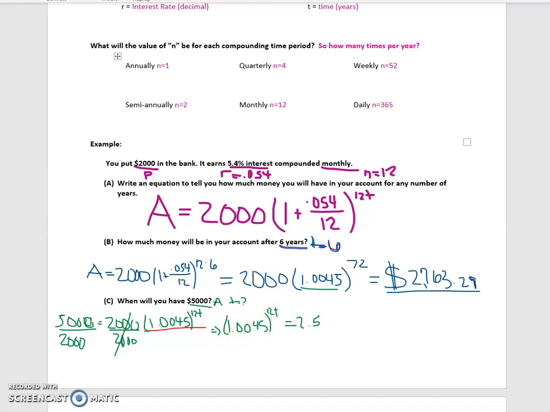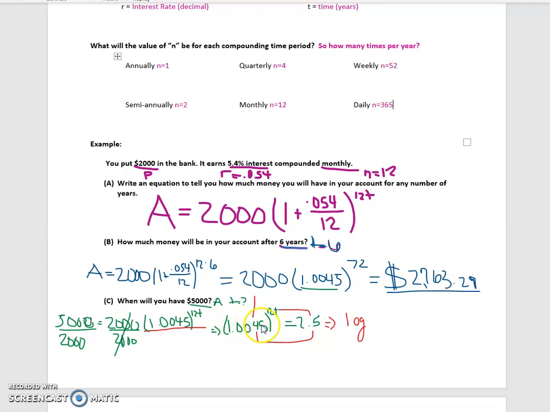So now what we're going to do is convert it to our logarithm form. Remember the L? We do the loop de loop. So this says log.